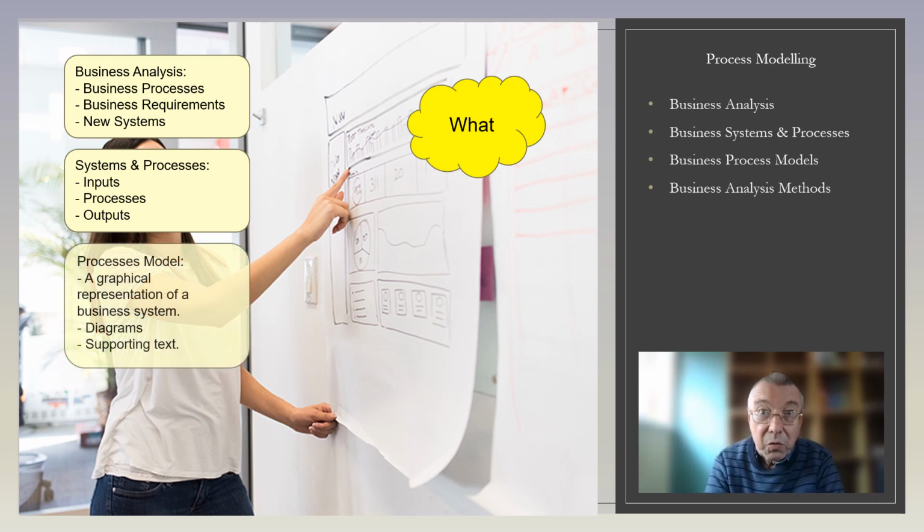These can be modeled using process modeling techniques, and that process model is essentially a set of diagrams with some supporting text that provides a graphical representation of a business.